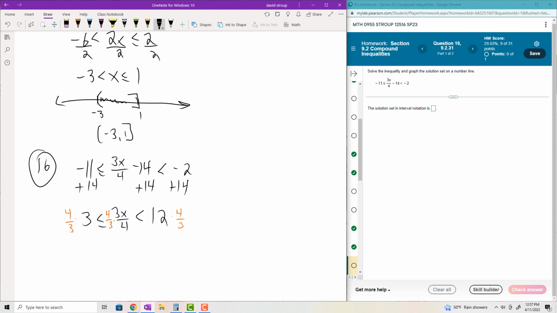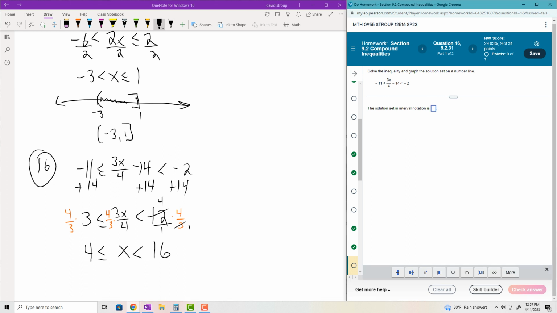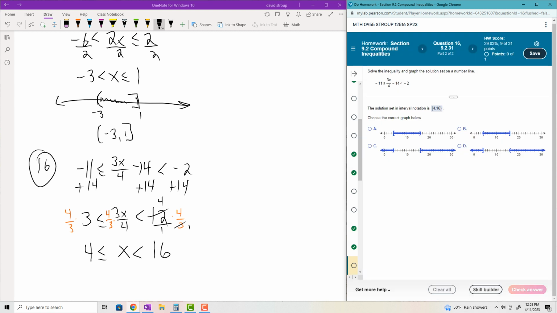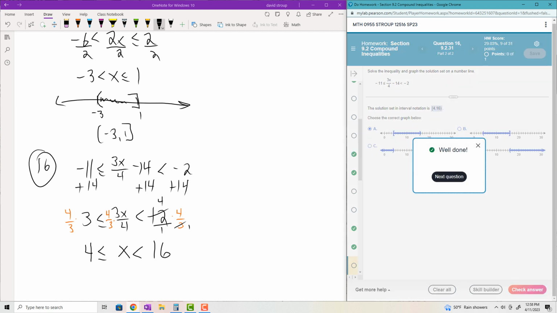So on the left, it'll be 12/3, which is just 4, less than or equal to. And on the inside, the 4/3 times 3/4 is just 1x. And then 12 times 4/3, well, 3 goes in the 12 4 times, and 4 times 4 is 16. So we're going to end up with an interval notation, square bracket 4 to 16, open parentheses. Okay. Then graph it, 4 to 16.